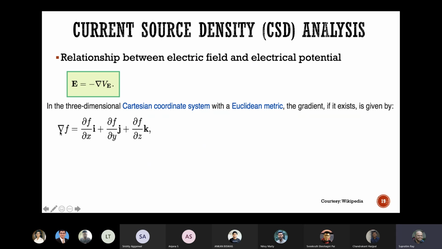Okay, so this inverted triangle is called a gradient, and the gradient of f is defined as the change in f along the x direction multiplied by the i vector, which is a unit vector pointing in the x direction, plus what you see in the y direction and the z direction. So the way voltage changes in the xyz plane allows us to estimate the electric field, which is now a vector.